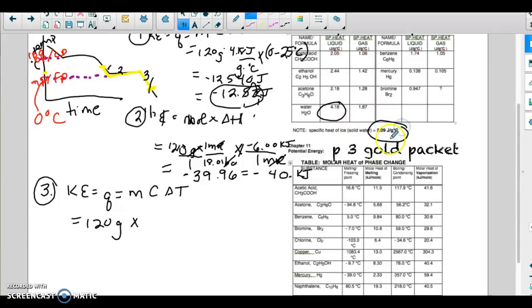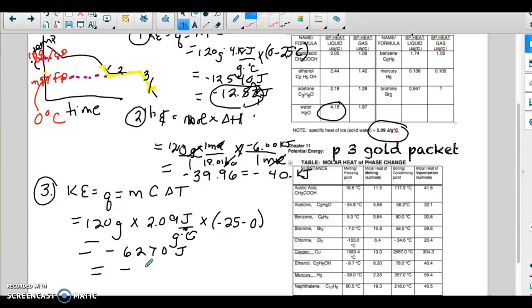So we're going to use this value, which is 2.09 joules per gram degrees Celsius. And then our delta T is final, we're going to end at negative 25, minus initial, we're starting at 0 degrees. So when we do this, we end up with negative 6,270 joules.